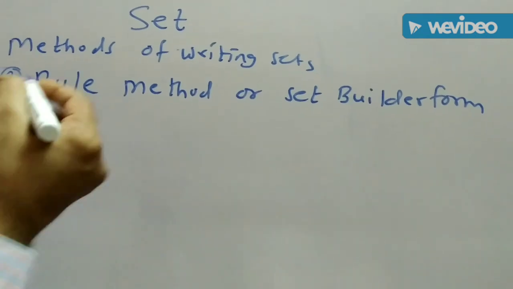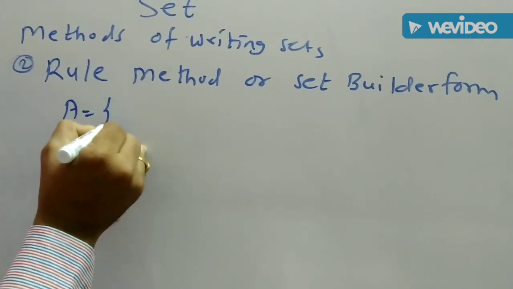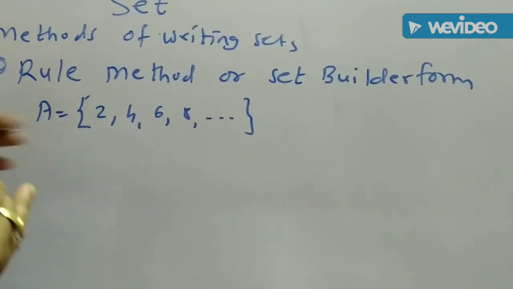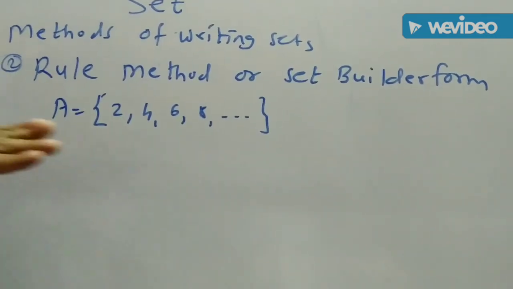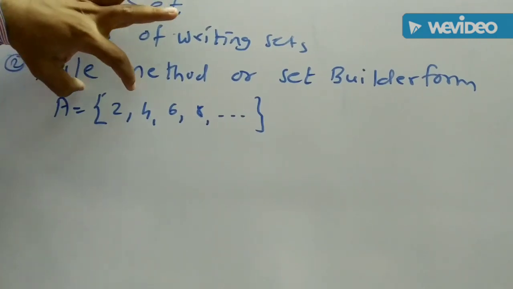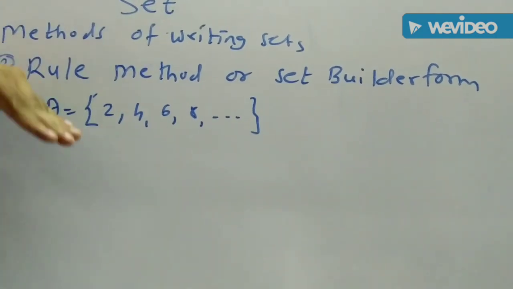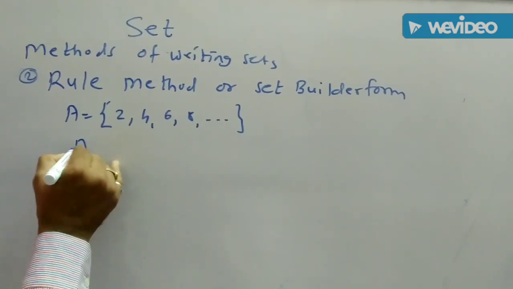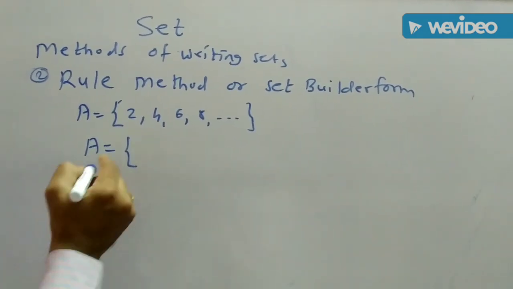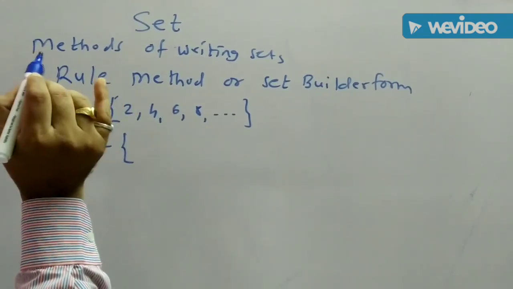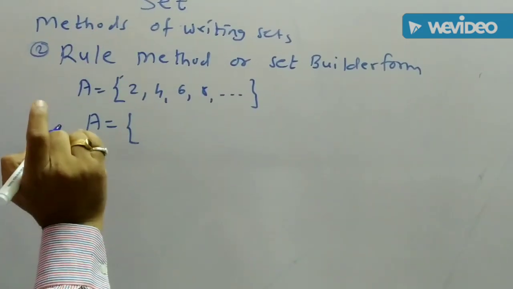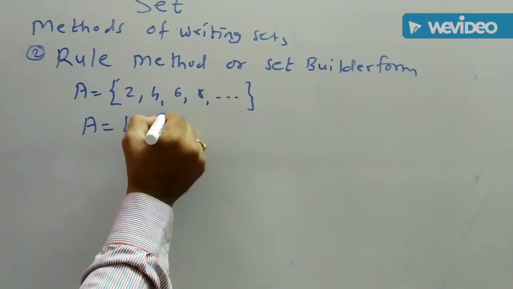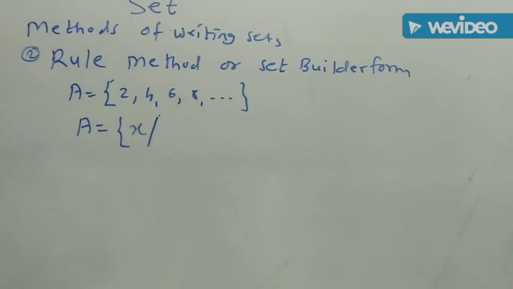For example, the same example I take: 2, 4, 6, 8, and so on. We know these are the even natural numbers, and this is the listing method. We have to write this set in rule method or set builder form. In this we write the name of the set, curly bracket, and one variable, suppose x. Then a vertical line or colon is given.